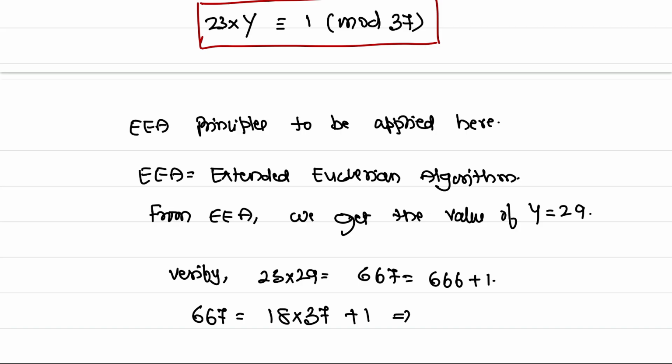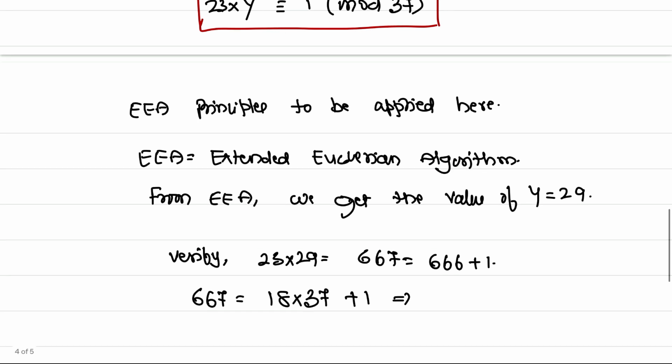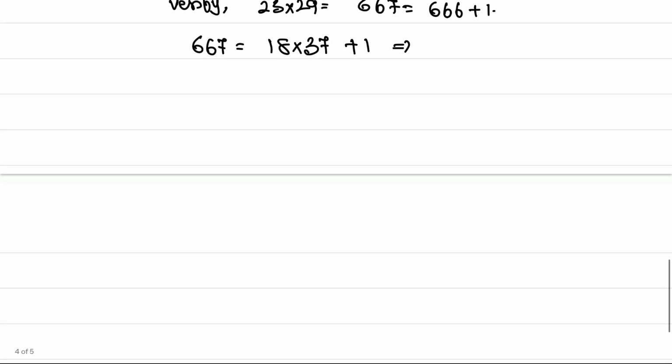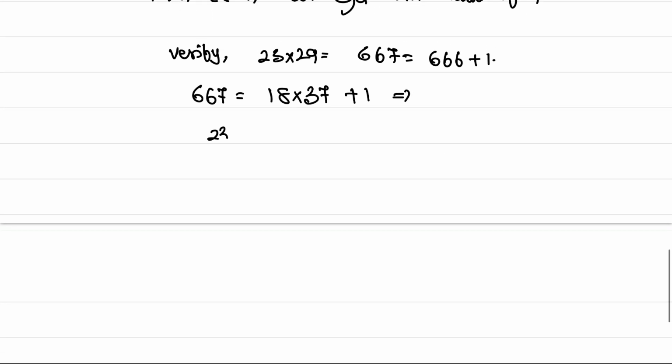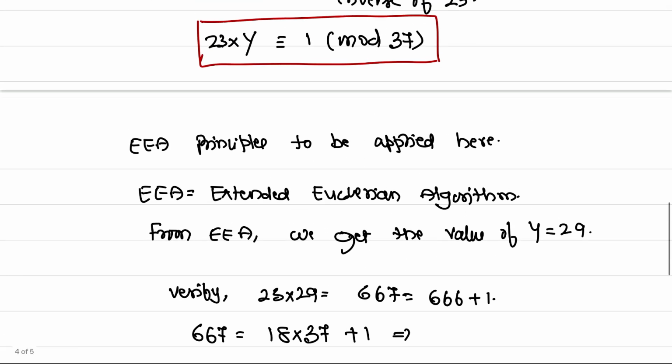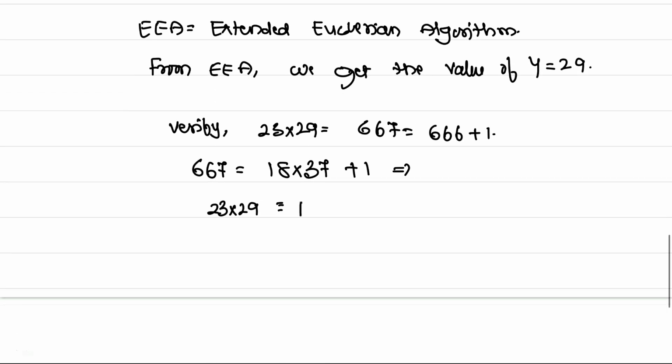That implies 23 into 29 is congruent to 1 mod 37. Do you agree?